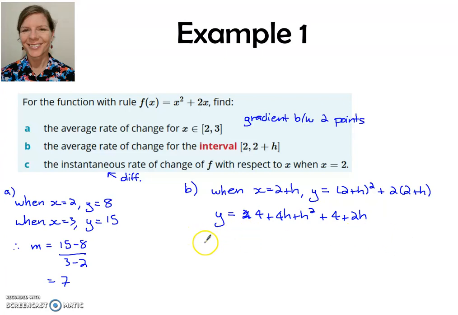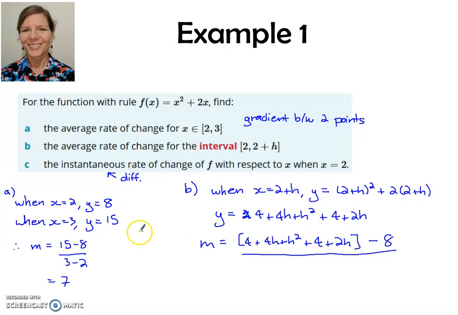Okay, so when we work out the gradient, we need to do this point, 4 plus 4h plus h squared plus 4 plus 2h, subtract the original, which is just 8, over there, and then dividing by, and remember it's going to be 2 plus h, take 2. So 2 plus h, take 2, those cancel out. Okay, if we work this out, 4 plus 4 is 8, that will cancel that one.